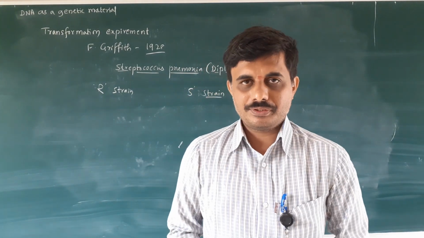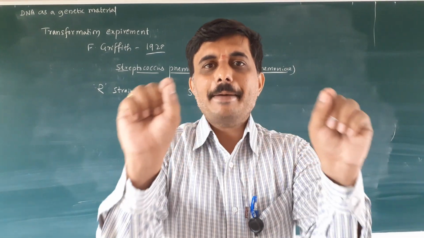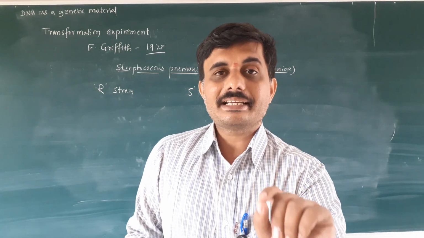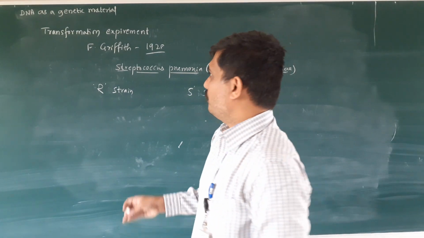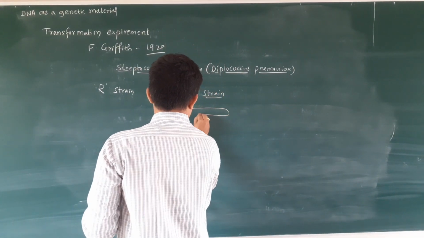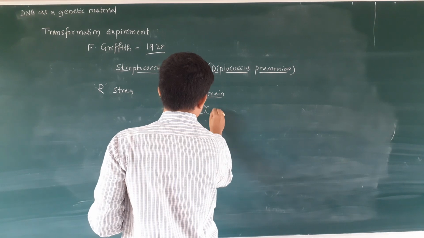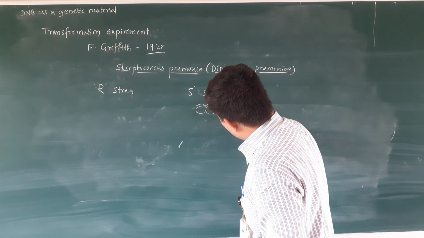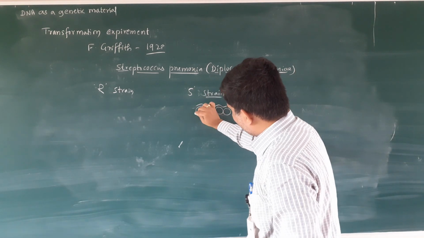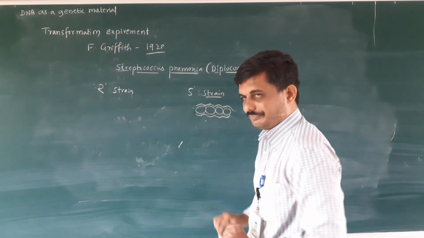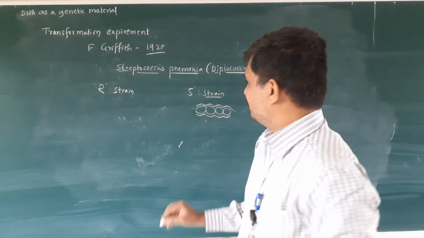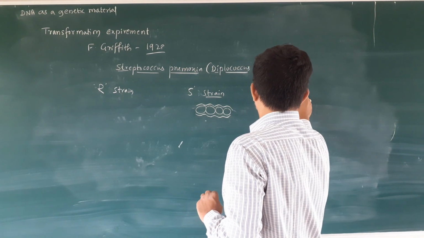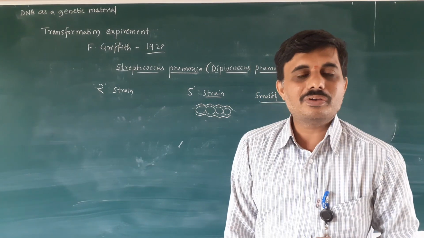The Streptococcus pneumoniae which has a capsule, or an extra envelope made up of a polysaccharide or mucilage membrane around it, produces smooth colonies on the media.